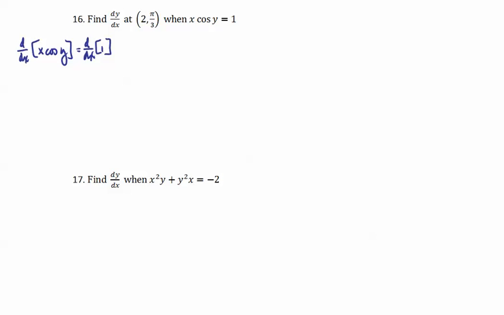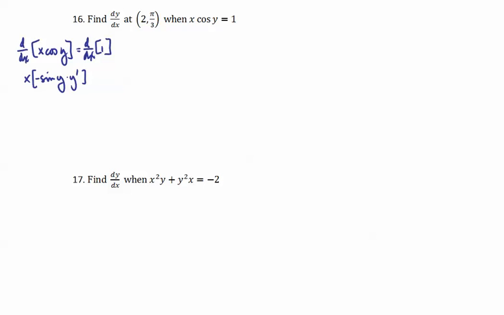And when we do that, on the left side we have a product rule. So it's going to be the first times the derivative of the second. So that's x times the derivative of cosine of y, which will be negative sine of y times y prime.